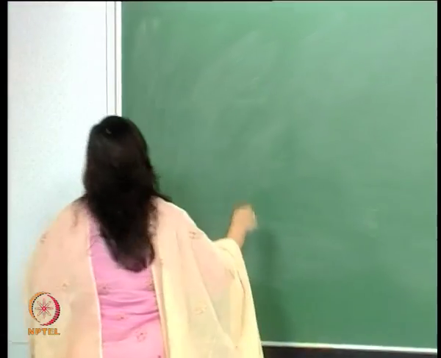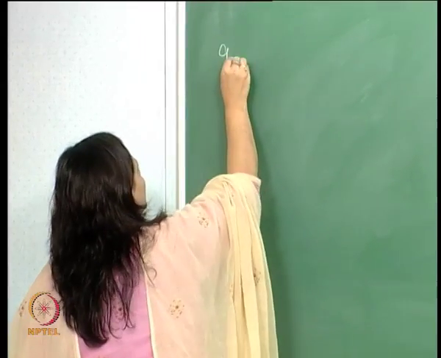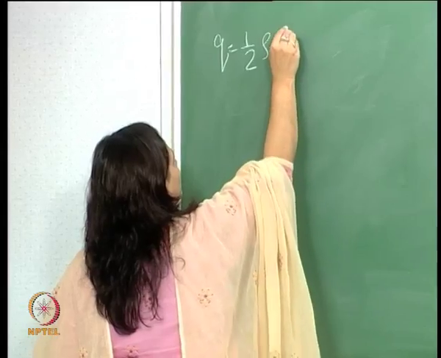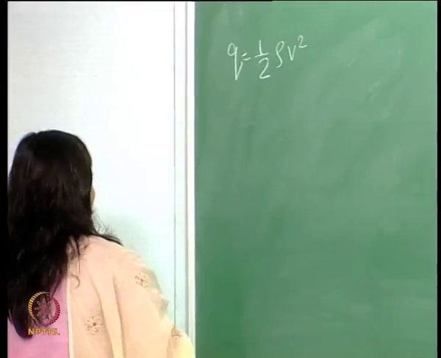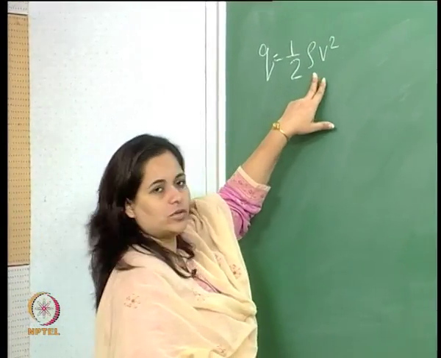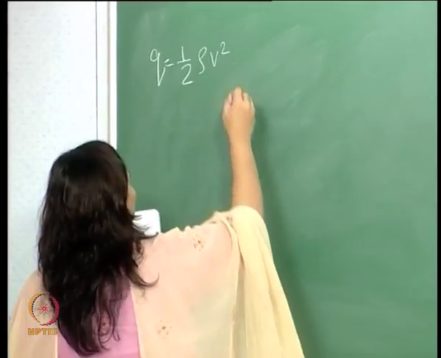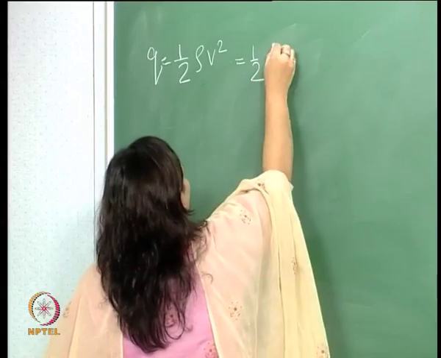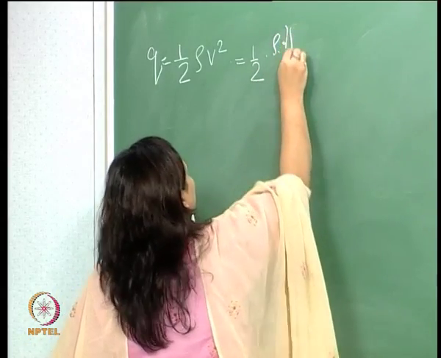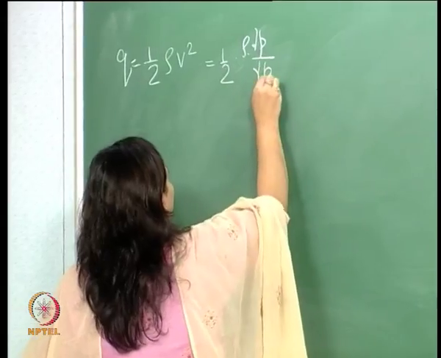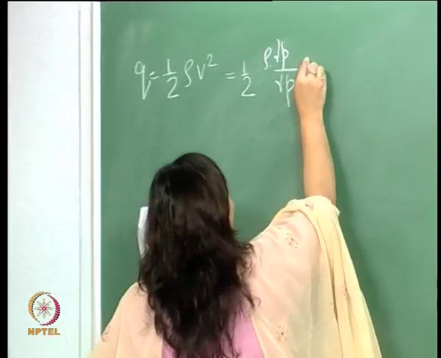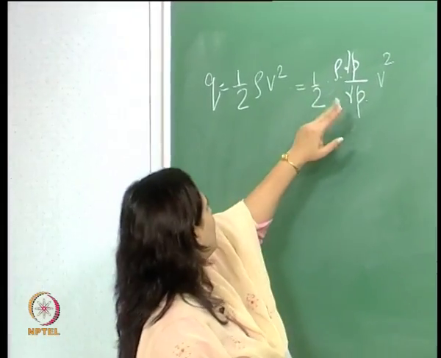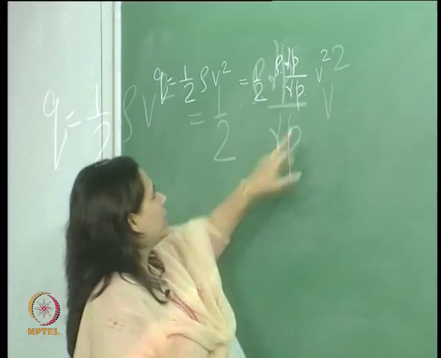Okay, so now this Q is the dynamic pressure, which is half rho v square, right? So I'm going to write this rho like so. Basically I'm multiplying the whole thing by gamma p.